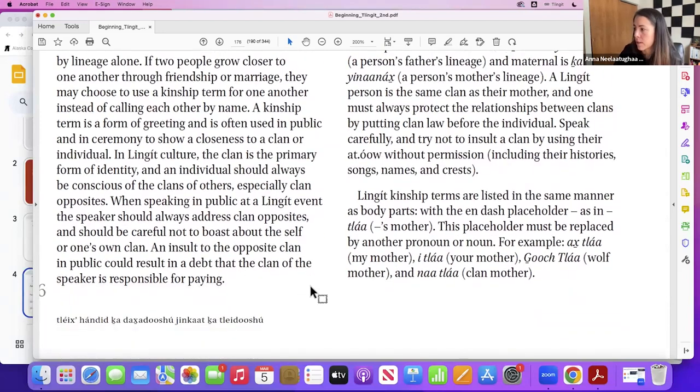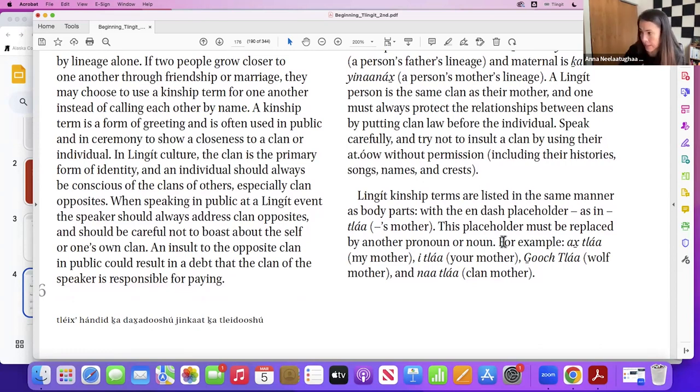Tlingit kinship terms are listed in the same manner as body parts, with the n dash placeholder, as in tla, a person's mother. This placeholder must be replaced by another pronoun or noun. I'll give you an example of it. For example, ach tla, my mother, tla, your mother, kuch tla, wolf mother, and na tla, clan mother.